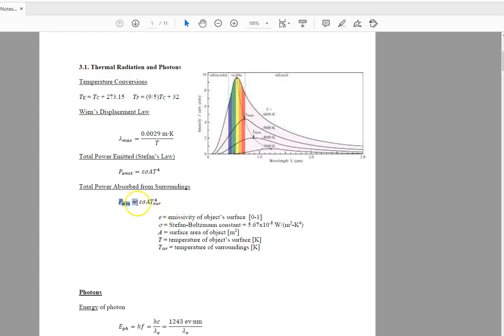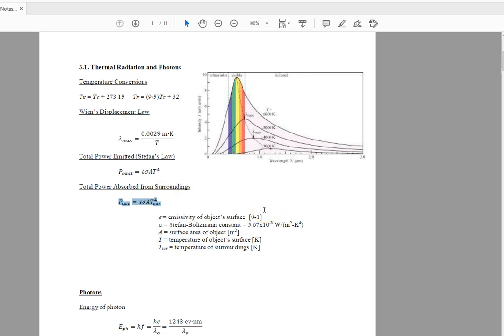The absorbed power, so the power absorbed by the cube in our case, is equal to the emissivity of the cube surface times the constant sigma times the surface area of the cube, but times the temperature of the surroundings to the fourth power. Okay?